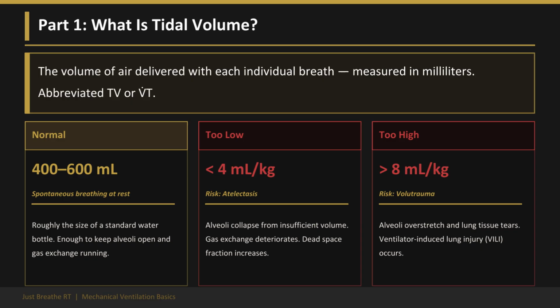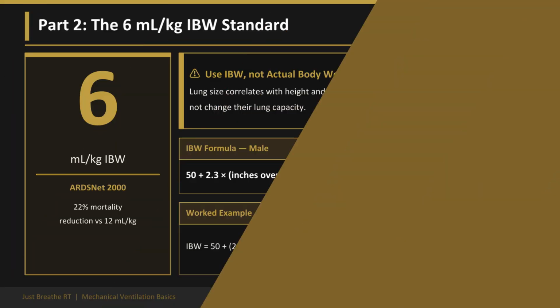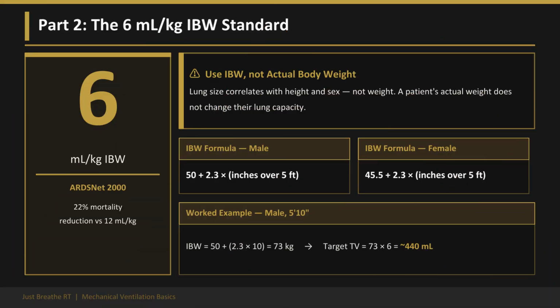That brings us to one of the most important pieces of evidence in all of critical care. The evidence-based target for tidal volume in mechanically ventilated patients is 6 milliliters per kilogram of ideal body weight, written as 6 milliliters per kilogram IBW.